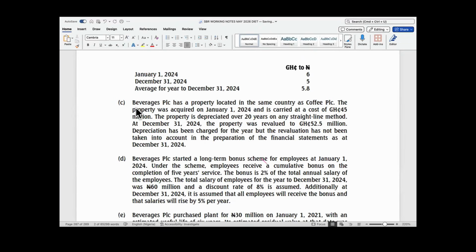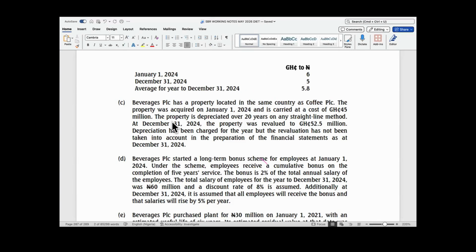We're told that Beverages has a property located in the same country as Coffee PLC. The property was acquired on January 1st, 2024, and is carried at a cost of 45 Ghana cedis. That's 45 million.